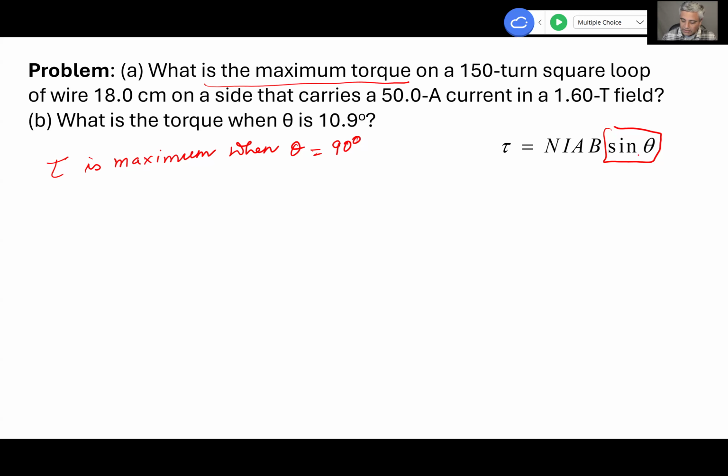So when does the sine become 1? When theta is 90 degrees. So maximum torque basically comes from here, NIAB.